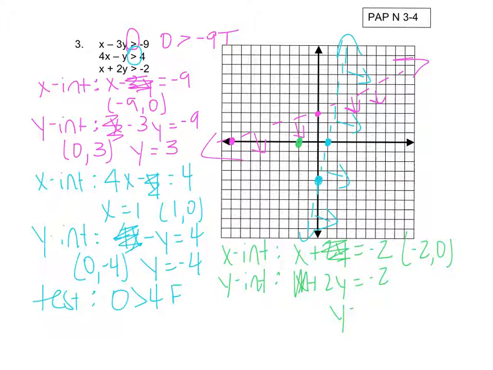You're going to get y equals a -1. And that's also dotted because it just says greater. And then plugging in a test point, you're going to get 0 is greater than -2, which is true. So I need to shade where 0, 0 is at, which would be above this line.